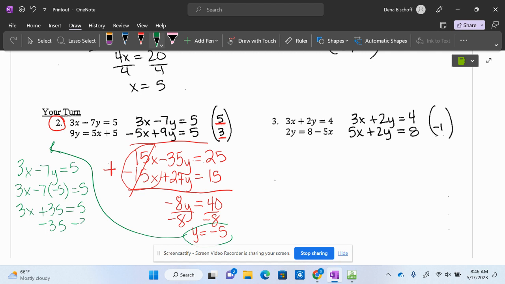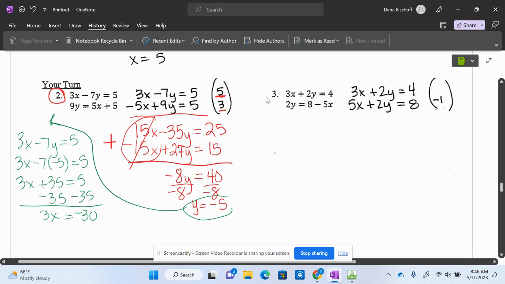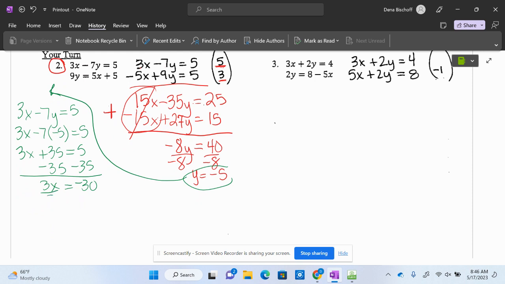Subtract 35 from both sides. 3x equals negative 30. Divide both sides by 3. x equals negative 10. So my solution is negative 10, negative 5.